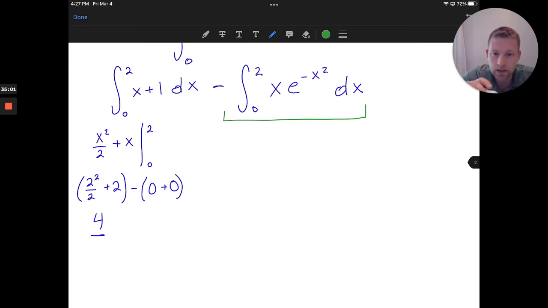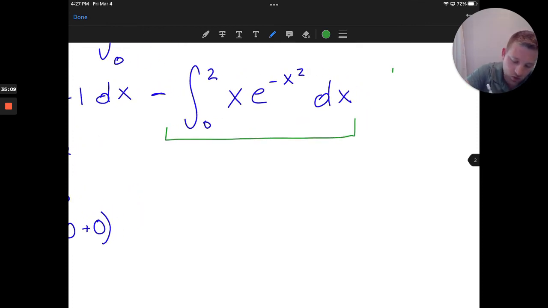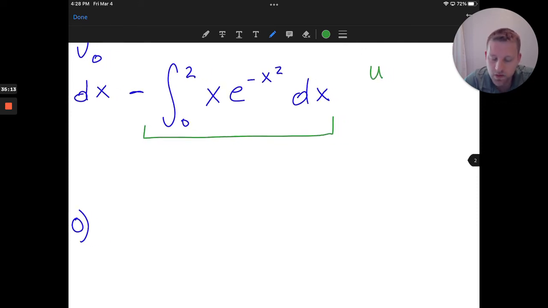If I consider u substitution, I could change this to the u variable by substituting u in for this x squared value. I think that might be our best bet here.